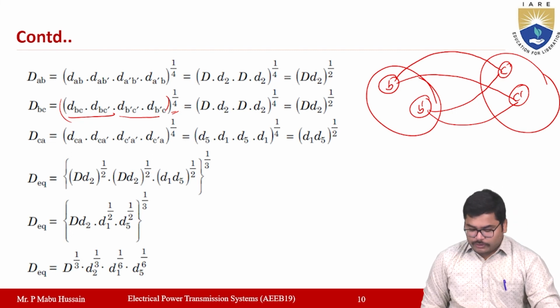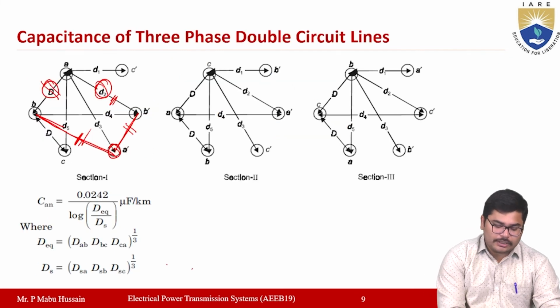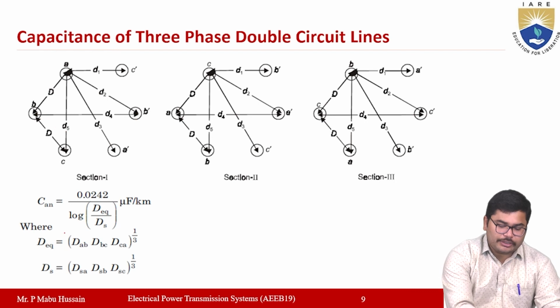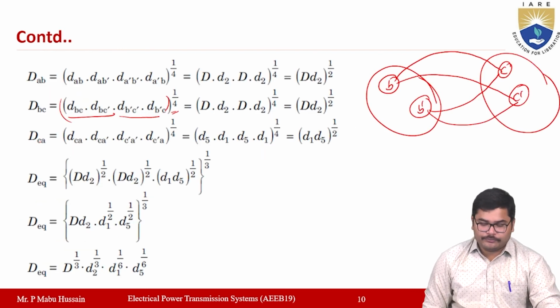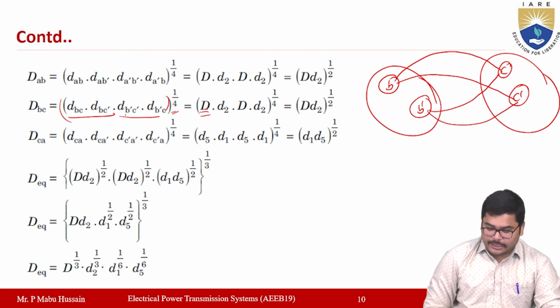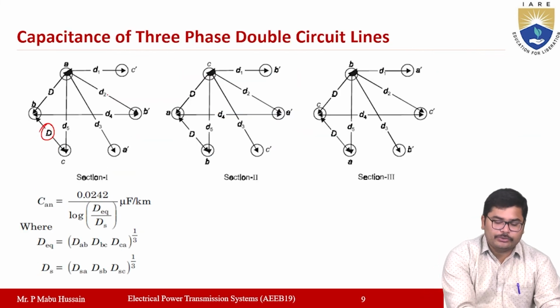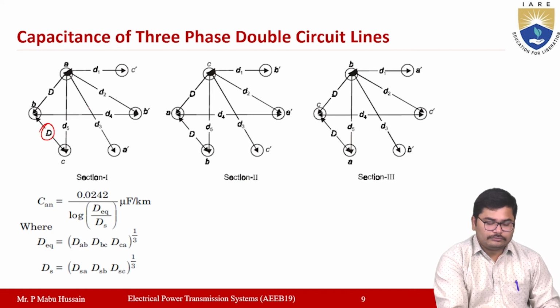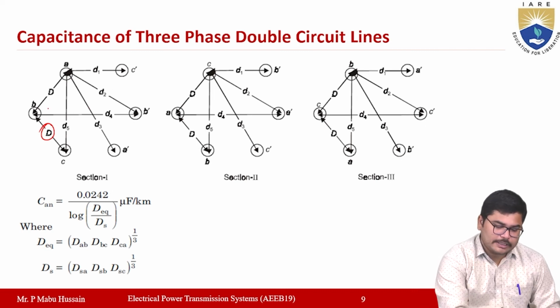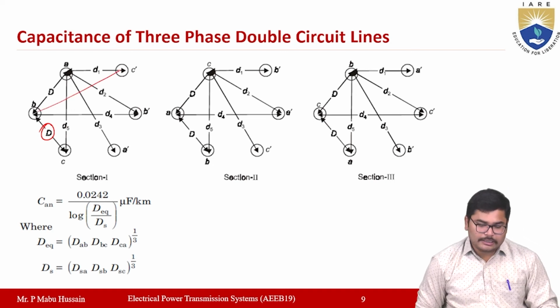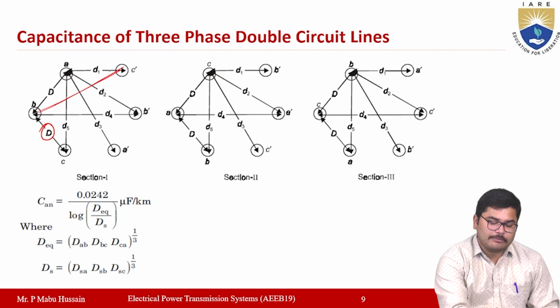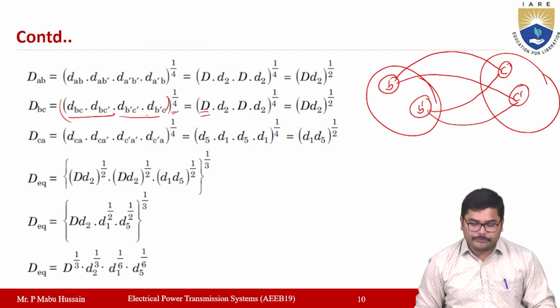Now again, what is the DBC distance? If you observe here, DBC is this distance, which is capital D, and B to C dash is this distance. This distance is the same as this distance, which is again D2.